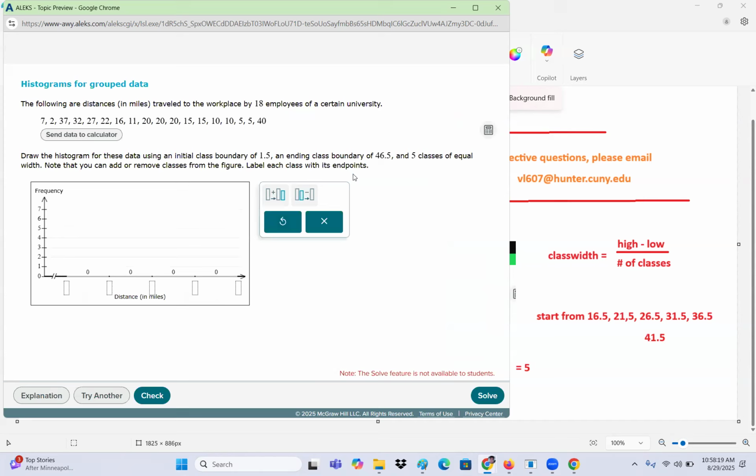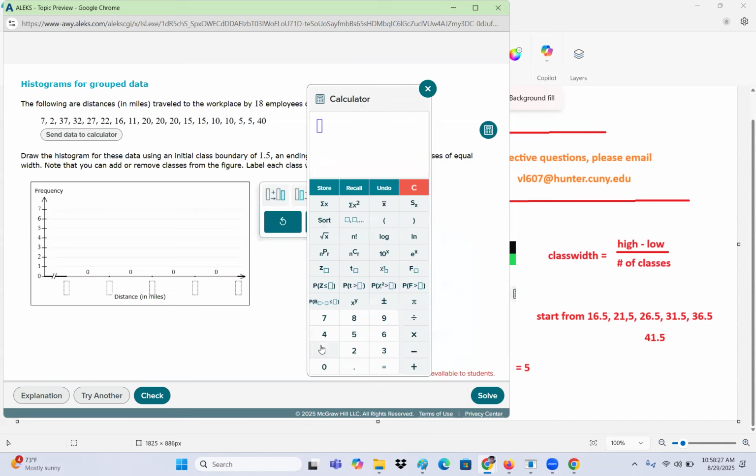You can try another one quickly. You can also start from 1.5, and then we simply divide 46.5 minus 1.5 by 5, and so we have 9.